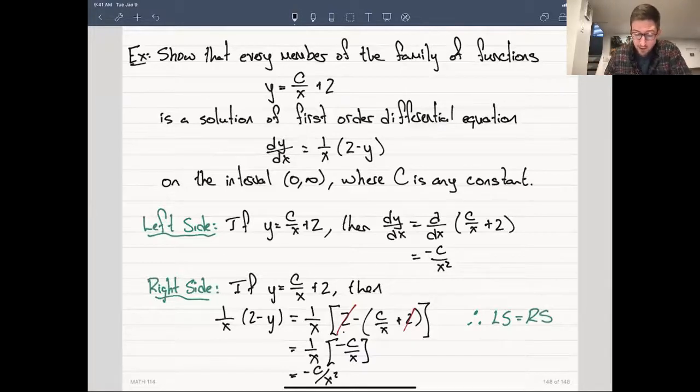In fact, this differential equation is separable. So you can go back in the notes and you can actually find this solution, y equal to c over x plus 2. The c is going to come from integrating, right? We've seen this over and over again. And so you can go back through the notes and try to solve this thing using those methods.